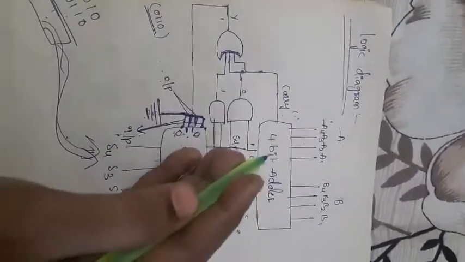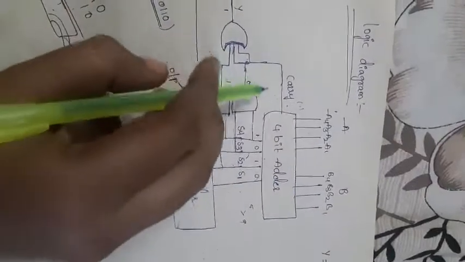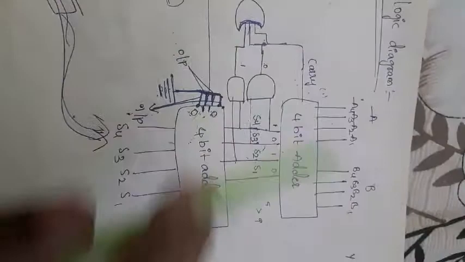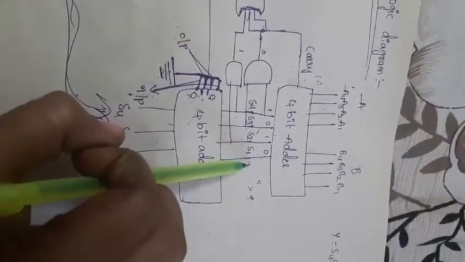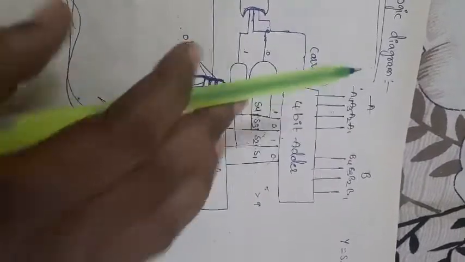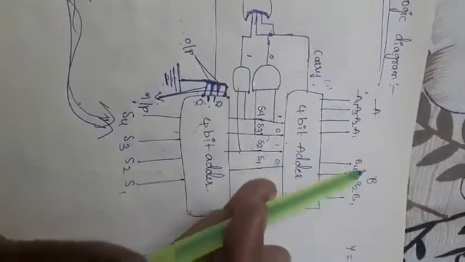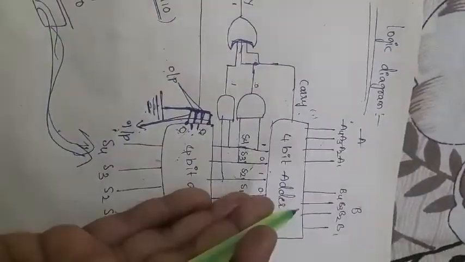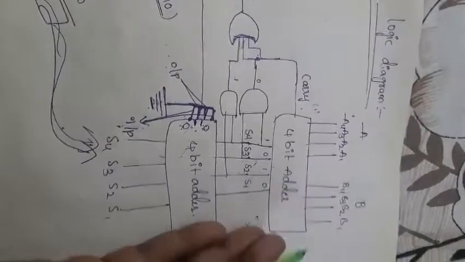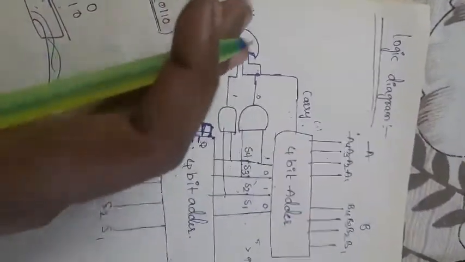And the third case: if carry is not generated and the number is not greater than 9, that means it is less than 9 and there is no carry. In that case there is no need to consider 6 for this addition of the sum.